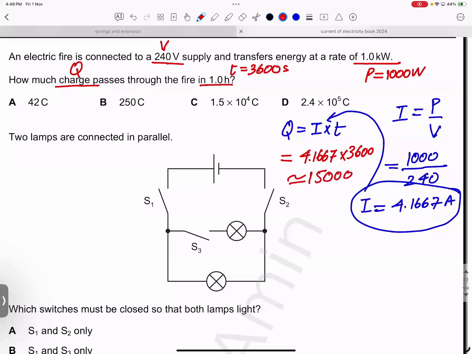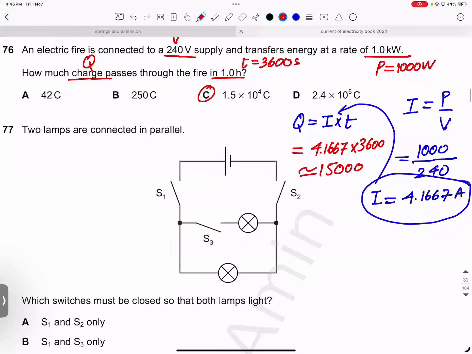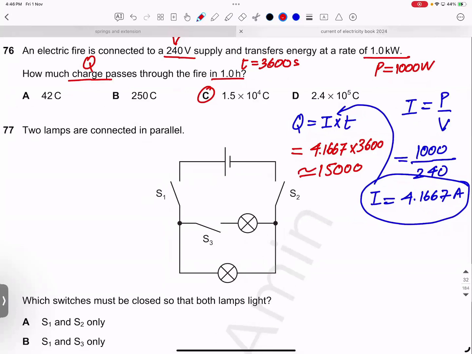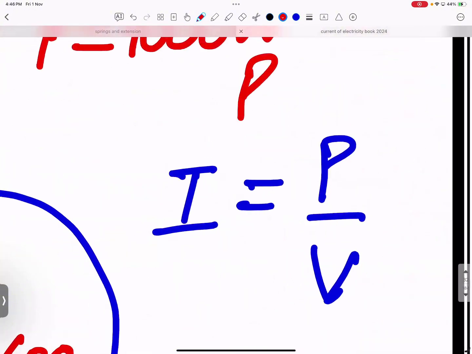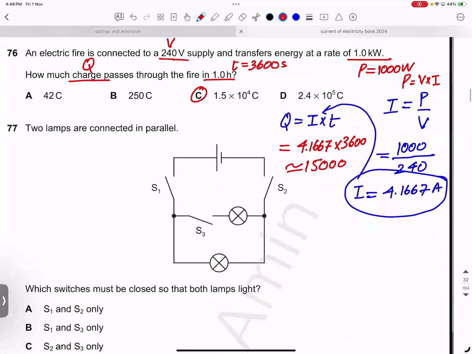Option C. Power equals voltage times current. Power is not voltage times charge. Sorry.